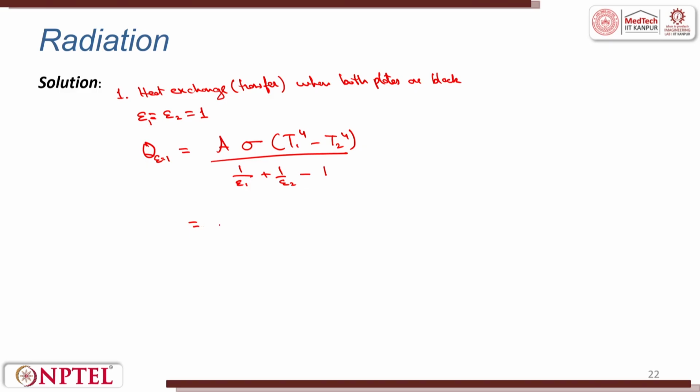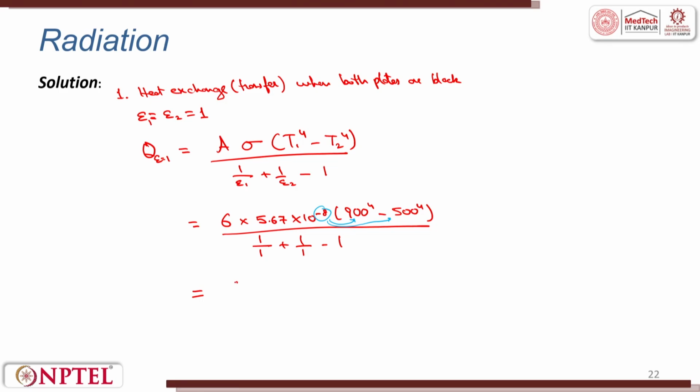Putting the values, area is given as 6 meters square, sigma is the Stefan-Boltzmann constant, which is 5.67 into 10 raised to power minus 8, into 900 power 4 minus 500 power 4, over 1 over epsilon 1, which is 1, plus 1 over epsilon 2, which is also 1, minus 1. I will simplify the problem because 900 power 4 would be a very big number. This 10 power minus 8 I will take down and bring it here and here.